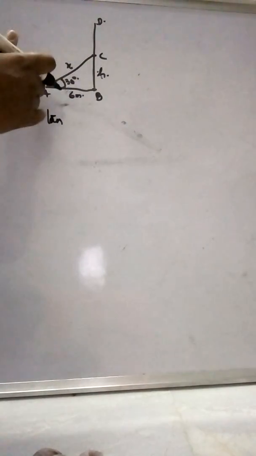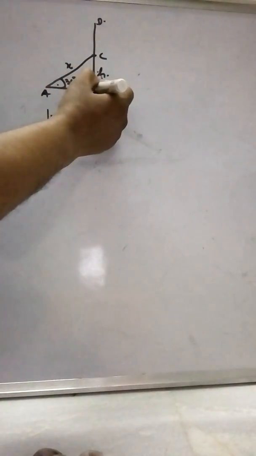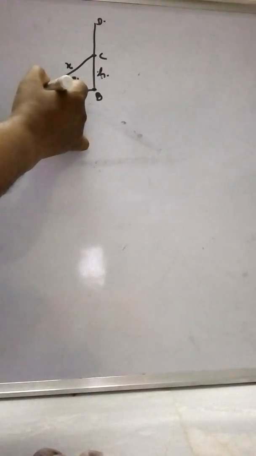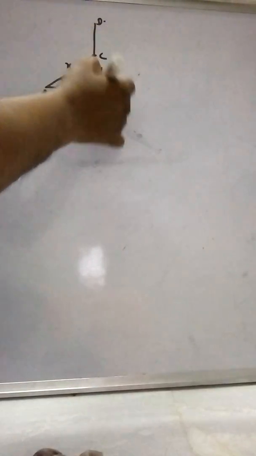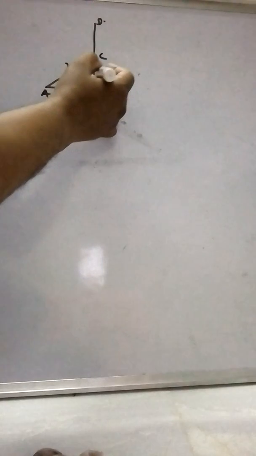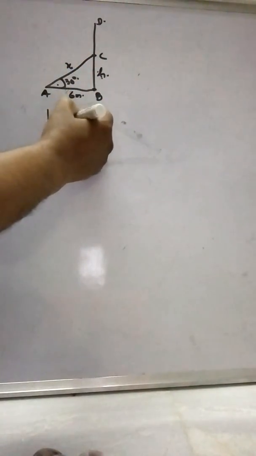AC is the broken part which touches the ground, making an angle theta with the foot of the tree, and the distance between the top part and the foot of the tree is 6 meters. I am supposing BC is the cut part.